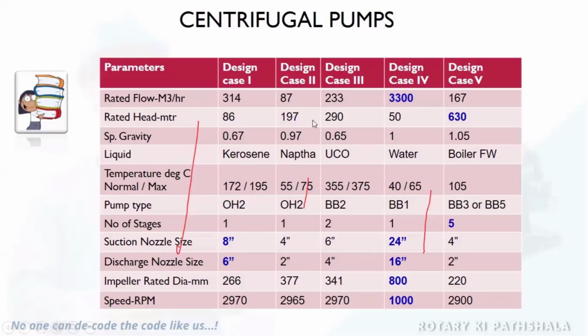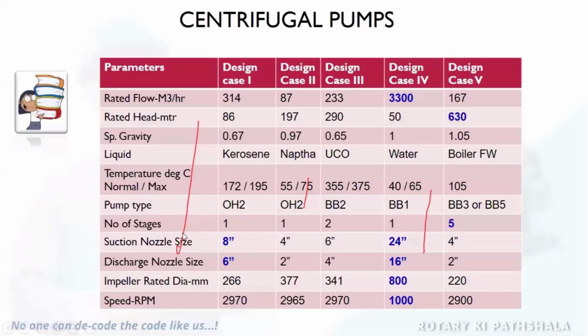Here, first take design case 1. The rated flow is 314 meter cube per hour and the head is 86 meter. The liquid is kerosene with specific gravity of 0.67 and operating temperature is 172 to 195. For this given condition, we have selected the OH2 pump. Here we are comparing the different types of configuration.